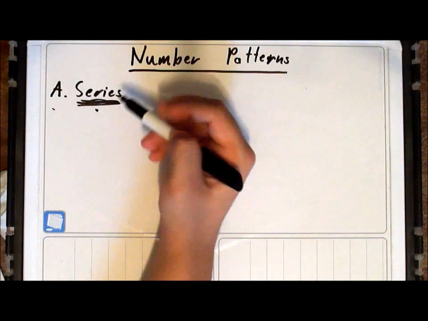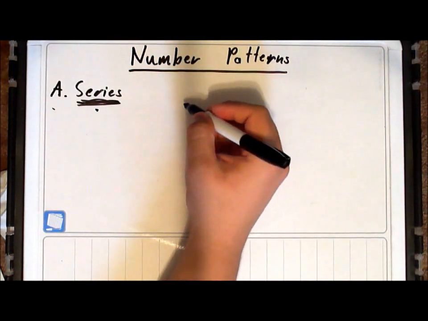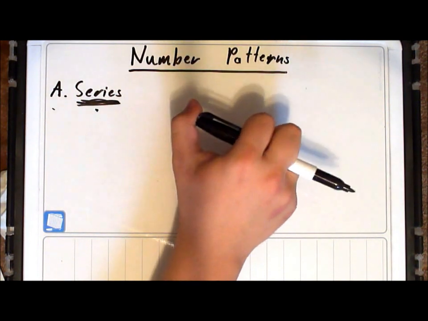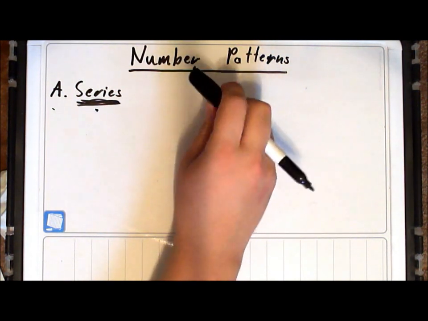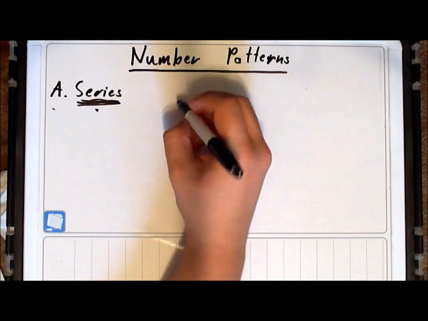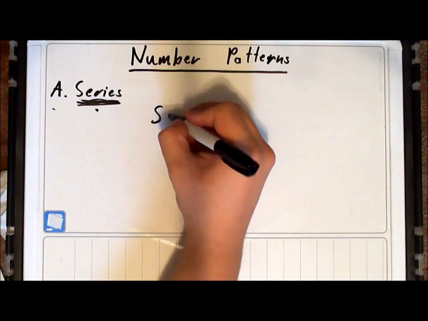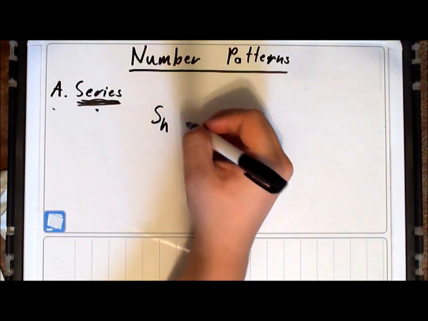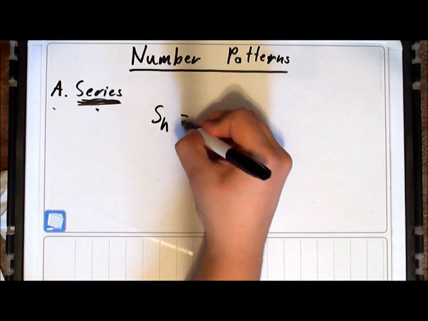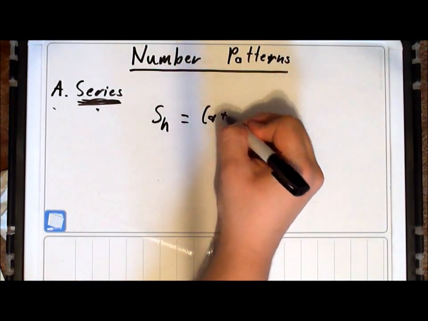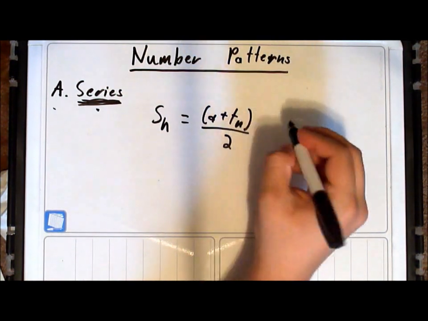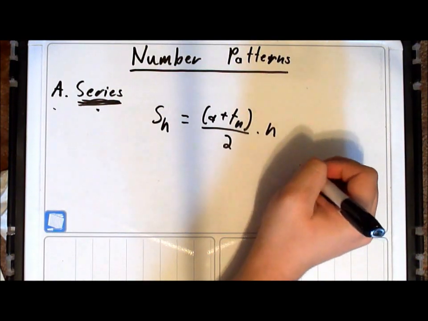The arithmetic series is the sum of the terms of an arithmetic sequence. So the formula for this is S_n equals (a plus t_n) over 2 times n.